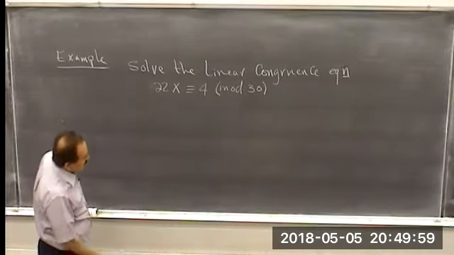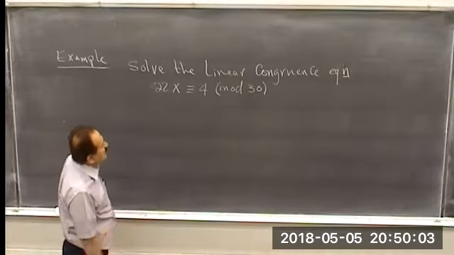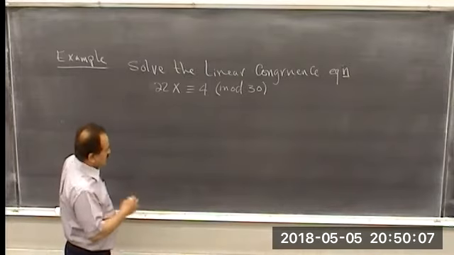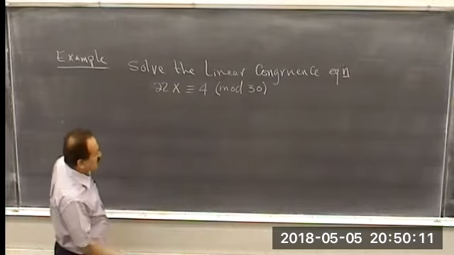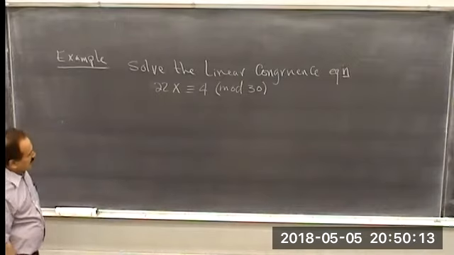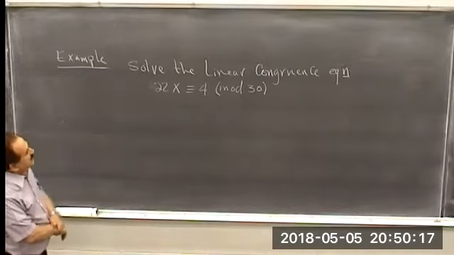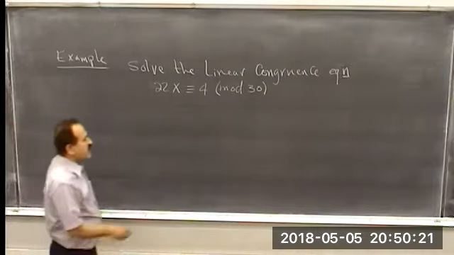And moreover, as I mentioned, for any polynomial congruence equation, you can use the Chinese remainder theorem and solving linear congruence equations to solve higher degree polynomial congruence equations. We're not going to pursue that, but at least we want to do it for a linear congruence equation when the modulus is composite.